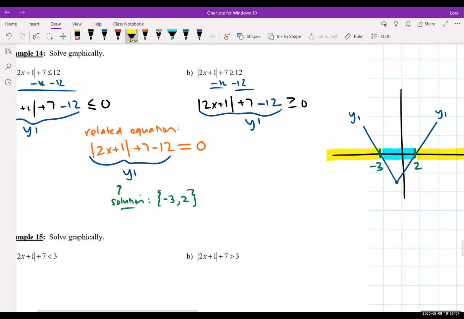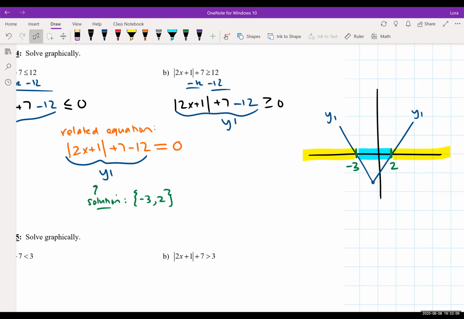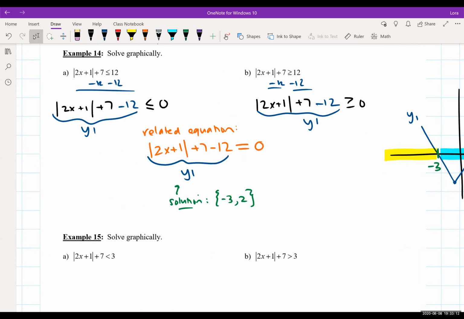So your job is to pick the region where you have y values that are less than or equal to 0. If I'm trying to understand what this means, I might want to rephrase it. Y1 less than or equal to 0 would mean, what values of x give me negative y values? Less than 0 means negative.